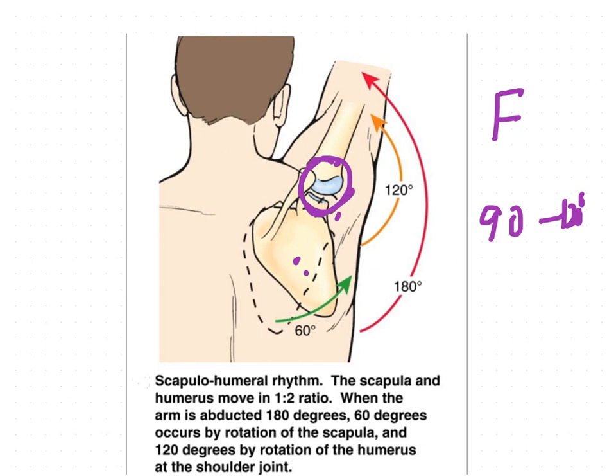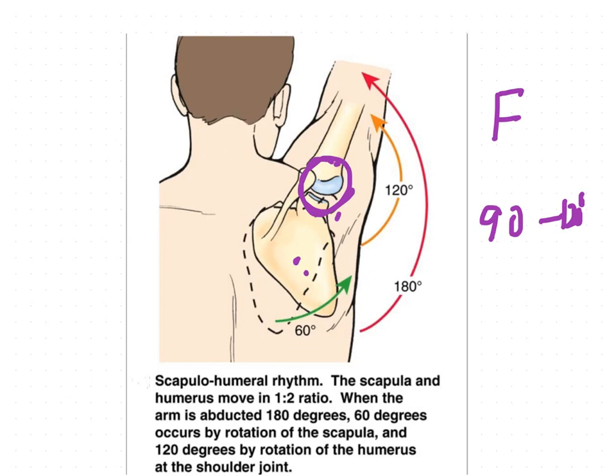In any other joint the stability is maintained throughout, but in the scapulohumeral rhythm, it permits a large range of motion and less compromise of stability.